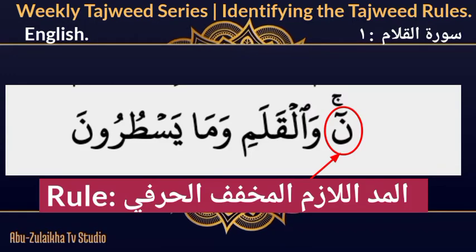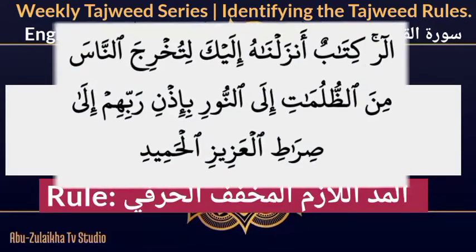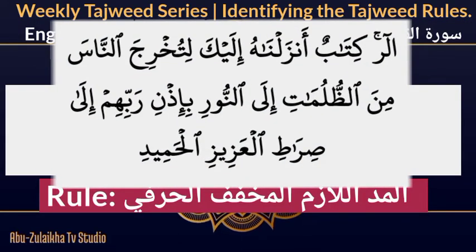Bismillahir Rahmanir Rahim, Alif Lam Ra. In this case, you can see that after I prolonged the sound of the lam, I did not assimilate the last letter of lam into ra.